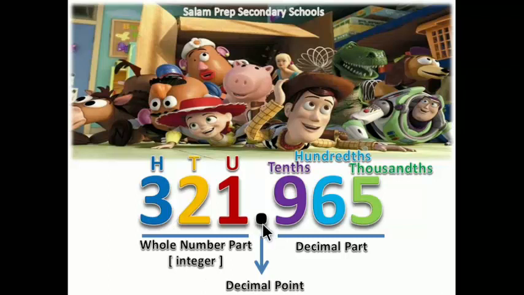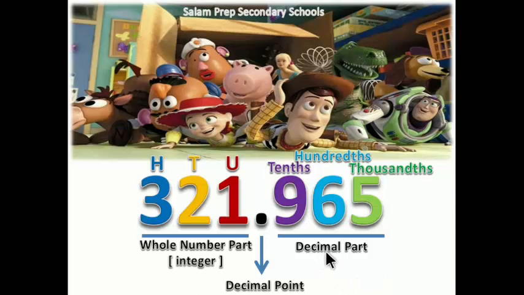After the decimal point, this part is called the decimal part. The whole number part begins with the units place, tens place, hundreds place, and so on.